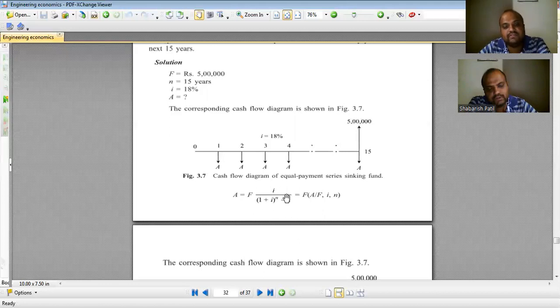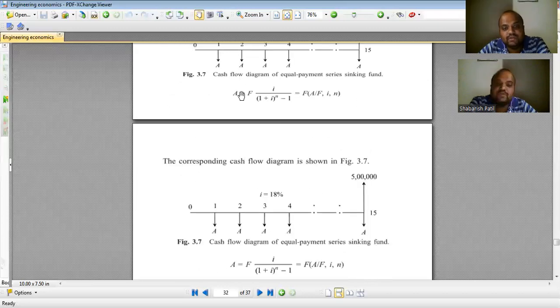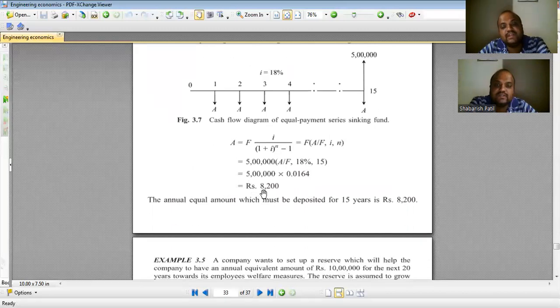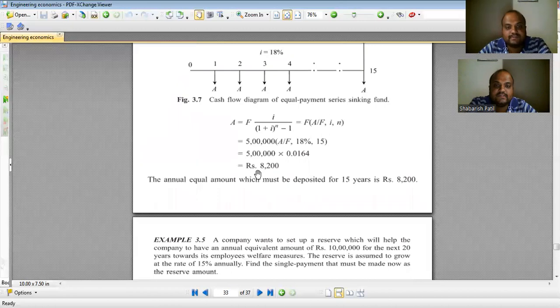A is equals to F into I divided by (1 plus I) raised to n minus 1. We know everything in the RHS part here. Substitute those values, then you will be getting A as rupees 8,200. So he has to pay an amount of rupees 8,200 for every year, up to 15 years, so that the amount will be converted into rupees 5 lakhs.